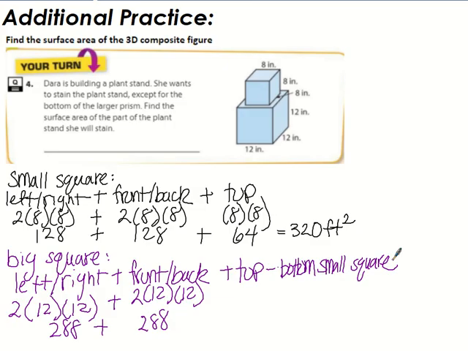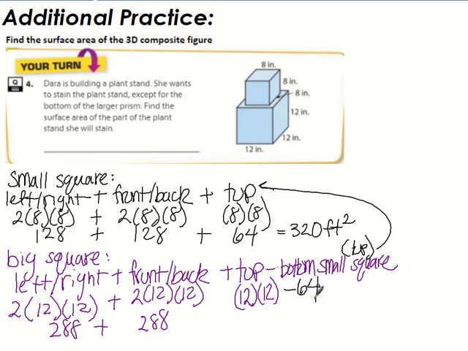So let's first worry about the top. That's 12 times 12, right? Because that's what it is for this big square. Now, the bottom of the small square is actually just the top of the small square, right? Aren't they the same? So we're actually just going to subtract out this, 64.